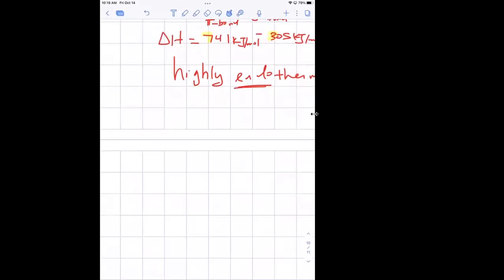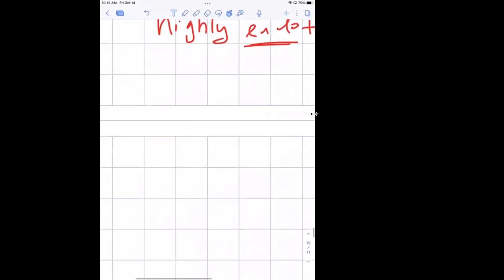So if delta H is positive, then delta G double dagger, which I think we talked about the other day, did we not? Activation energy. That's going to be high.